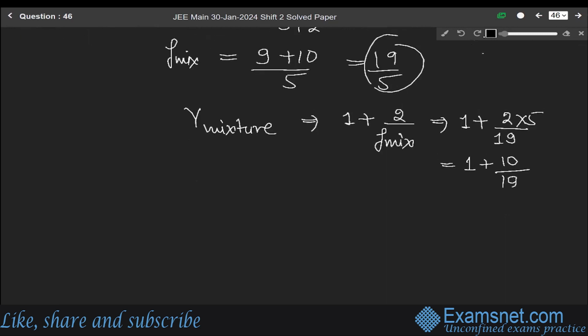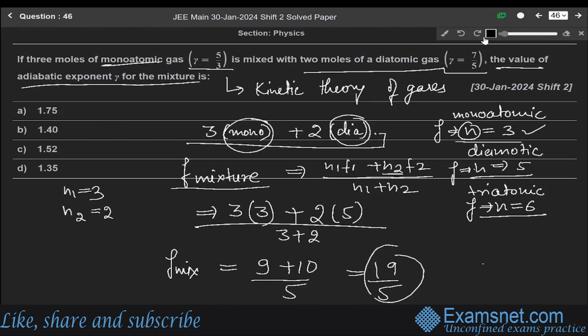So it is 19 plus 10, 29 over 19, which equals 1.52. So gamma mixture equals 1.52. The correct answer is option C, 1.52.